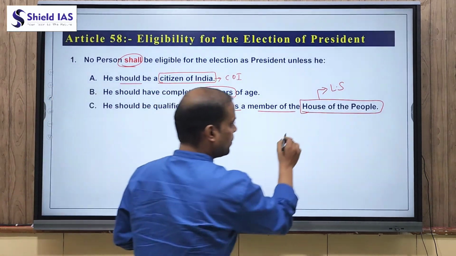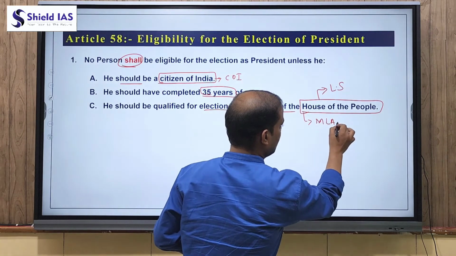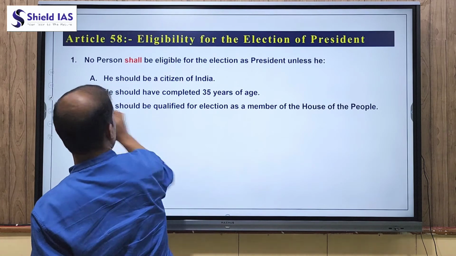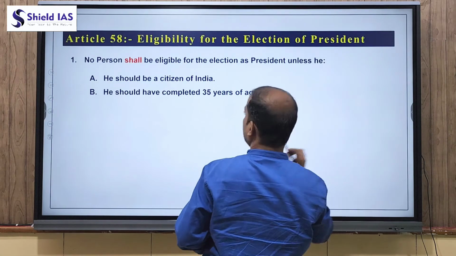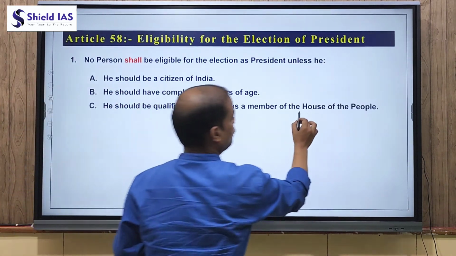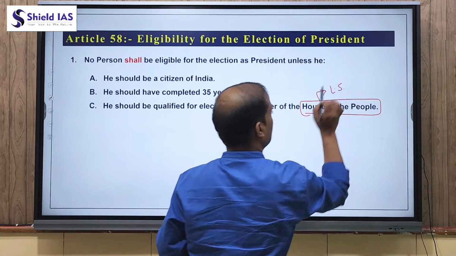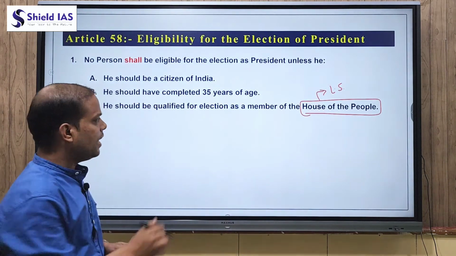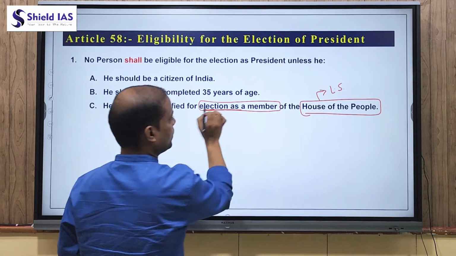He need not be a member of Lok Sabha, but he should be qualified for election as a member of Lok Sabha.